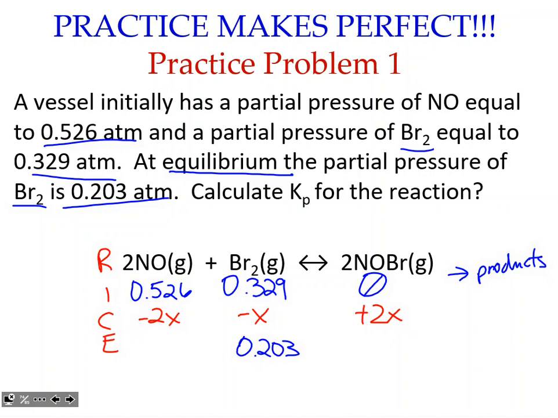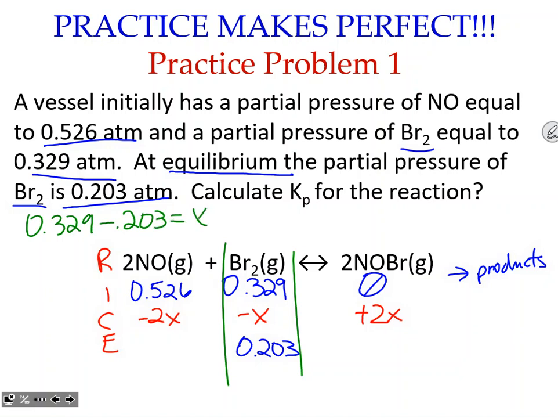How do we find our change? What do we look at? Bromine. Let's use bromine. This one. Find x here. 0.329 minus 0.203 is going to give us our x value, which I believe is 0.126.